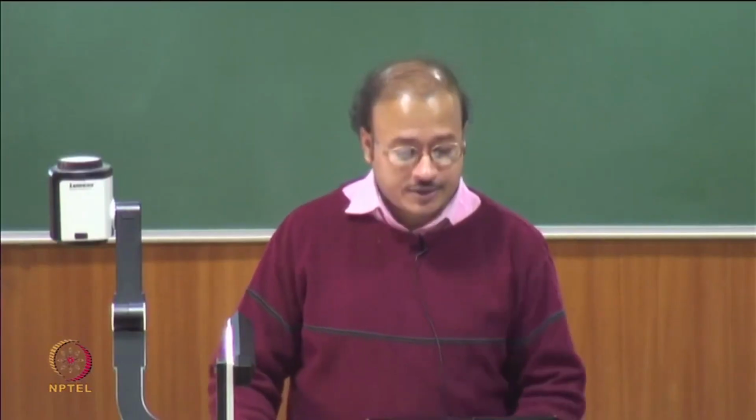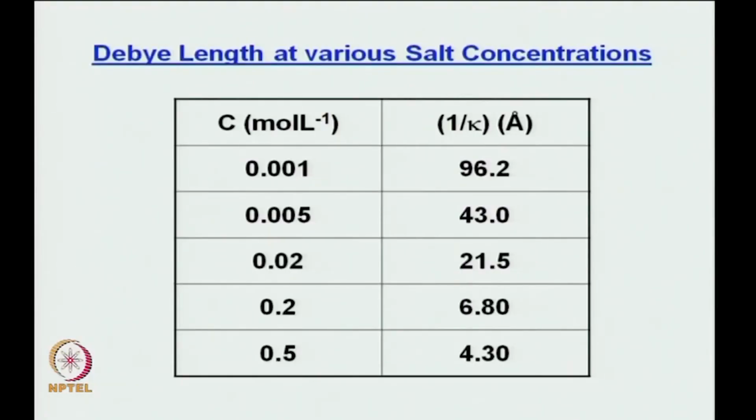Now, look at what happens to the Debye length at various salt concentrations. See whether this makes sense or not. If you have the concentration in moles per liter and then you have the Debye length on the right hand side, what happens to the Debye length as we increase the salt concentration? It decreases. Does it make sense to you? Why should it decrease?